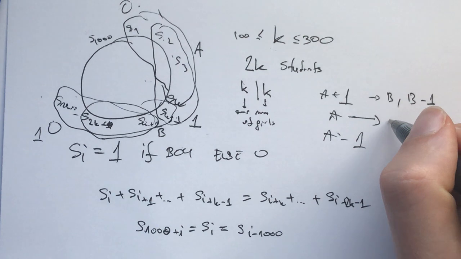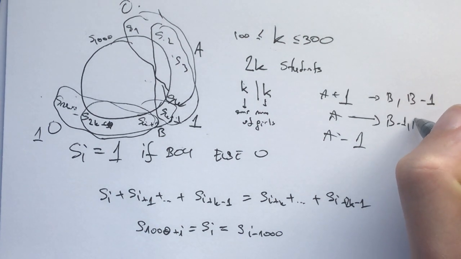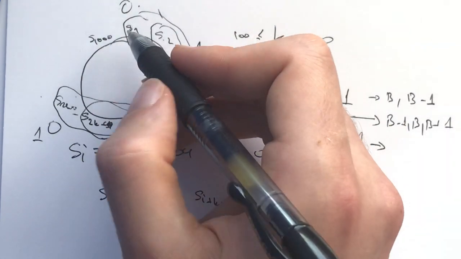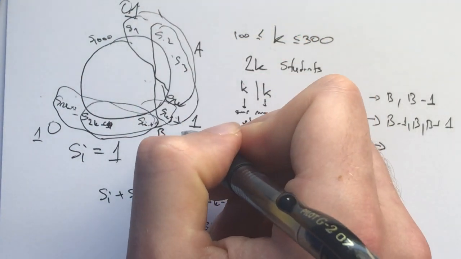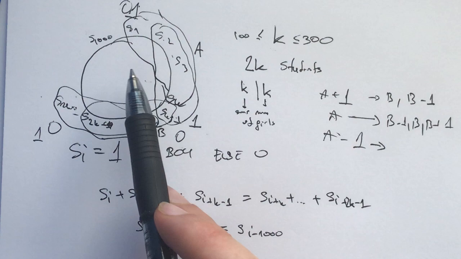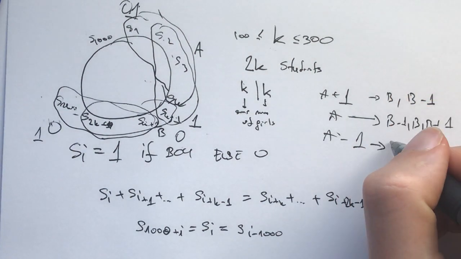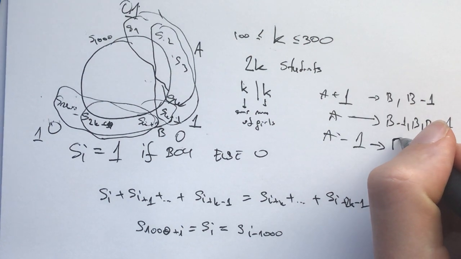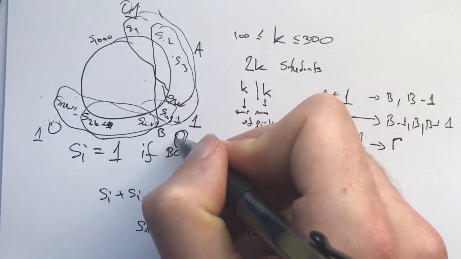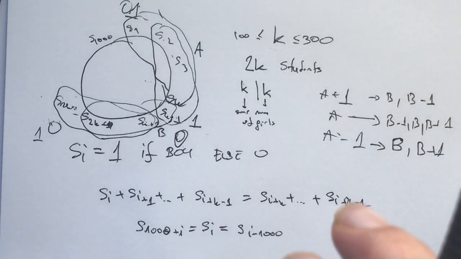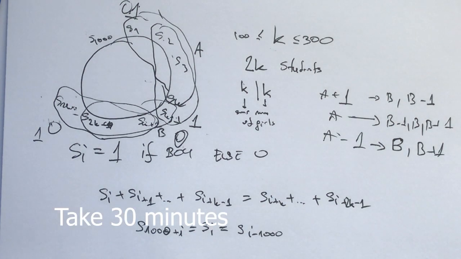So I think this can be anything, if I'm not mistaken: B minus 1, B plus 1. And with A minus 1, that's if this is 1 and this is 0, then what can this be? If it's 0, it stays B. If it's 1, it's B plus 1. Wait a second. If it's 0, it stays B. Yes, B or B plus 1. I think I made a mistake somewhere, but now what I invite you to do is to play around with this for about 30 minutes, push it, and see what you get.